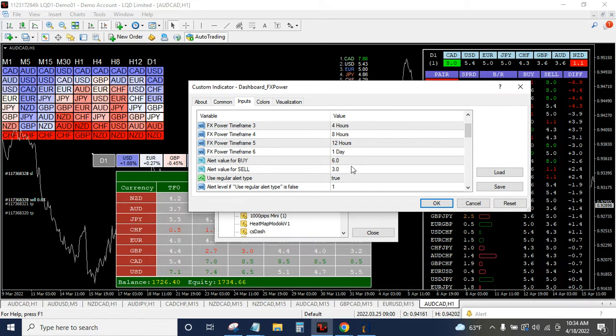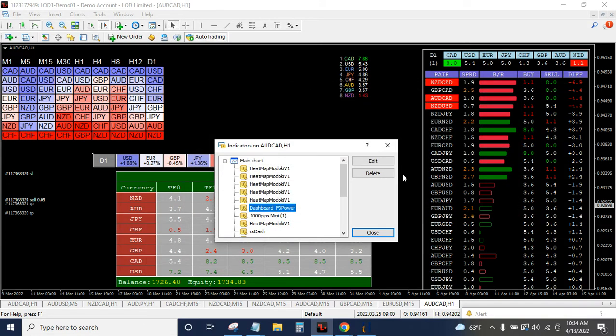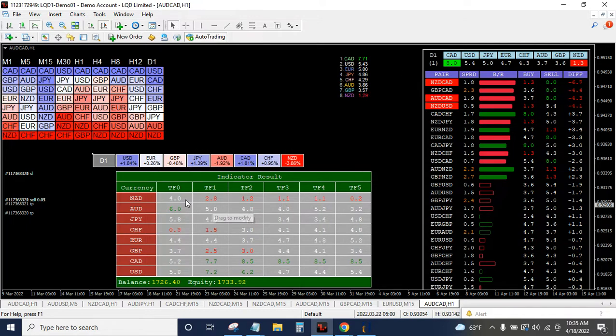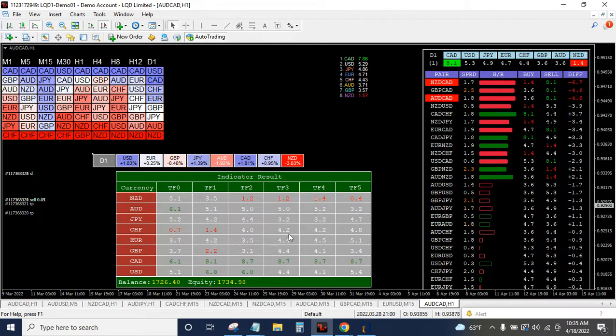Going by who is the strongest, we know CAD is the strongest already. So CAD is going to be bought against any currency that's three or less, back to back here. It doesn't matter where it is. It can be three here, three in the middle, anywhere, as long as it's in a row, three or less.